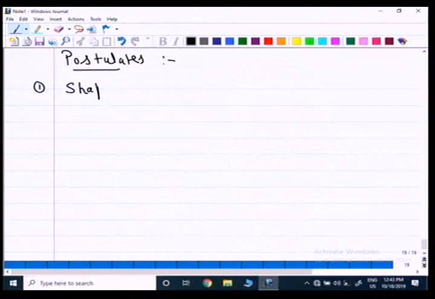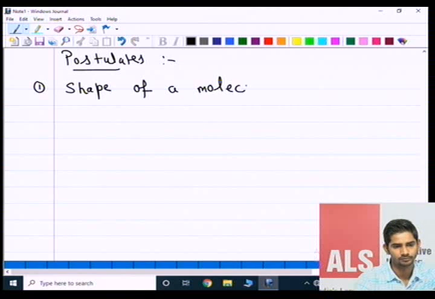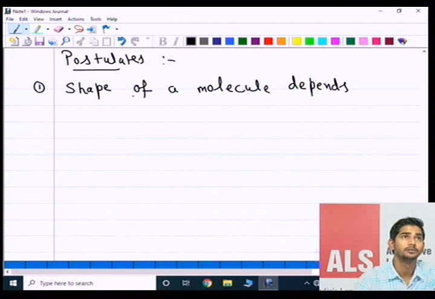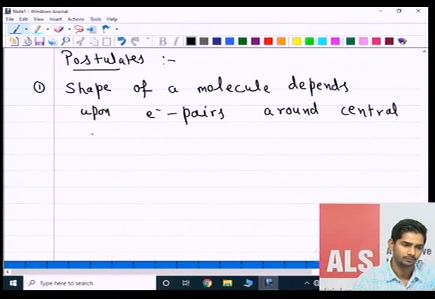Shape of a molecule depends upon electron pairs around the central atom. Next, electron pairs.